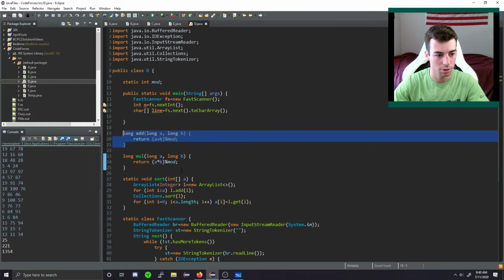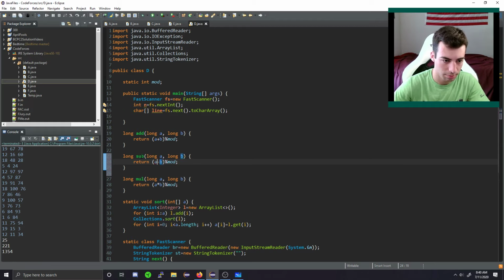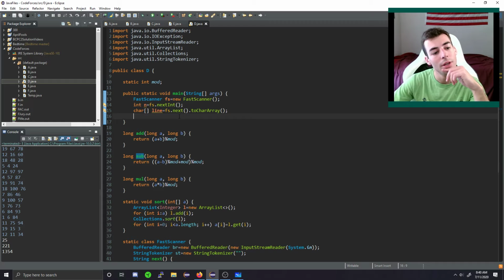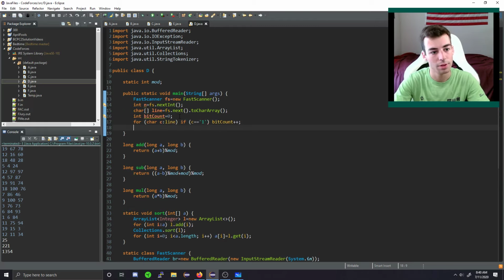No, I think we just need addition, subtraction, and possibly multiplication. Good. So int bit count equals 0, for, if this is a 1, then bit count is plus. Okay, so now we need these two powers.